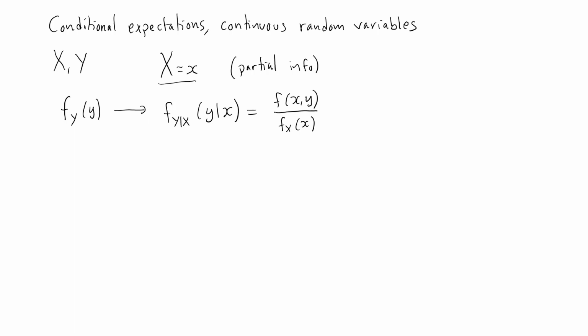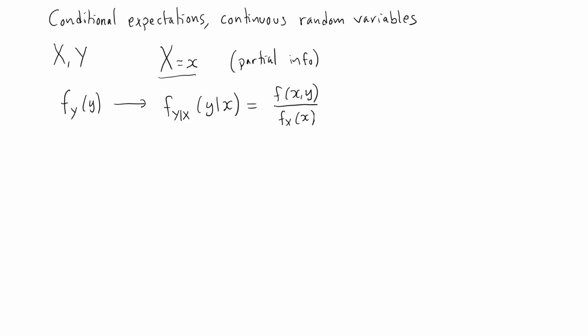If we change the probability density function of Y, we will also change its expected value. The expected value will go from its unconditional value, which is the integral from minus infinity to infinity of y times the marginal of y.